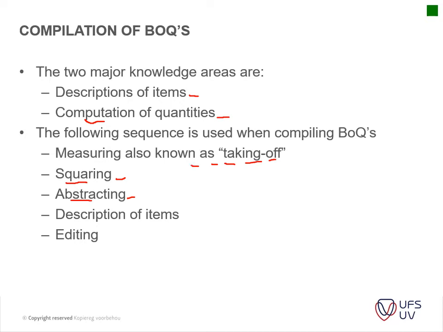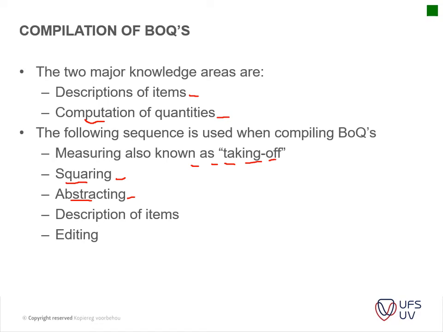It can be shared between the different trades. The length, for instance, that you've measured, if you've measured the floor square meter area, for instance, for tiling, you can use it again for your ceilings. The circumference of that area that you've measured can be used both for your skirtings and for your cornices.